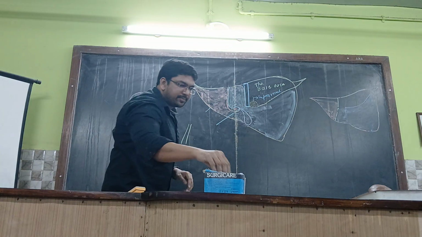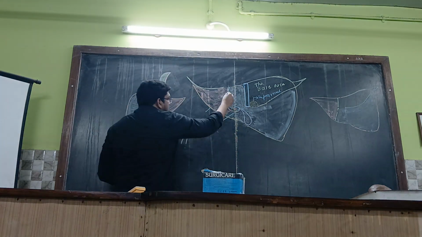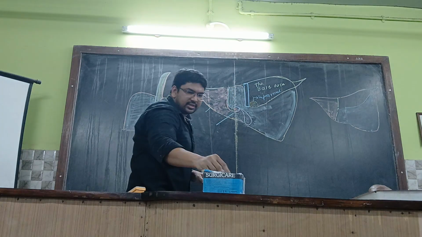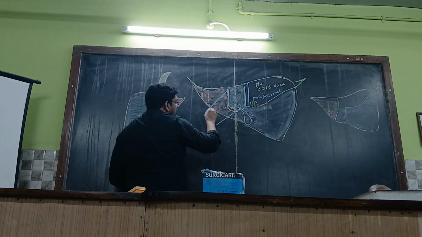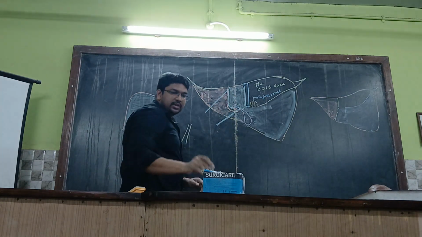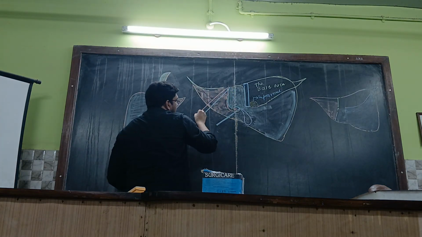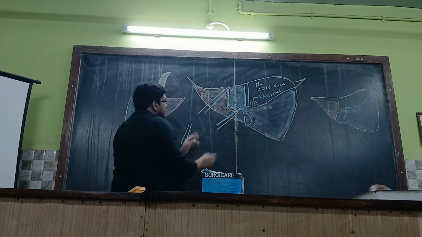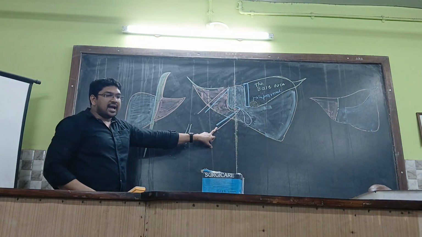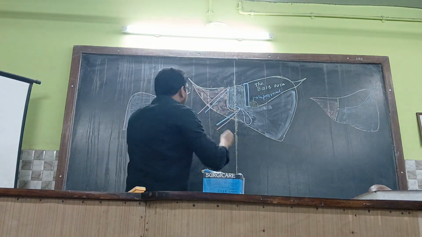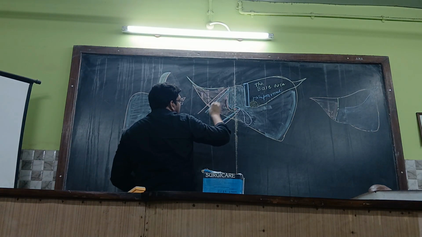So now what is happening over here? This will be reflected as the posterior layer of the lesser omentum, and here this is reflected as the anterior layer of the lesser omentum. For example, these pinkish layers are called anterior layers.